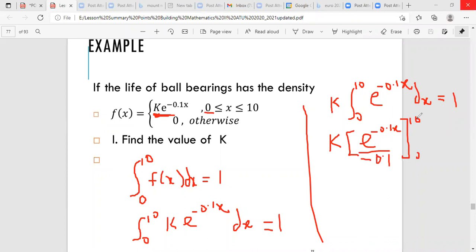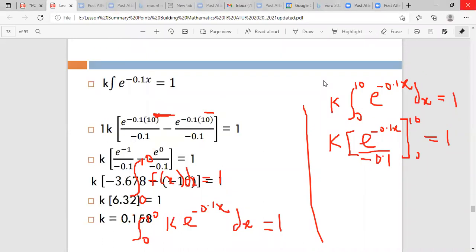So these are the steps. Now let's go and look at the solution of it. I think I've explained the steps clearly now. But don't forget, it should always be equal to 1. So let's go to the next slide for the solution of it.